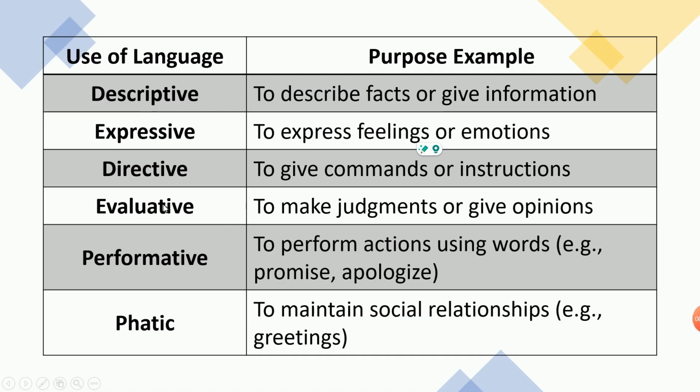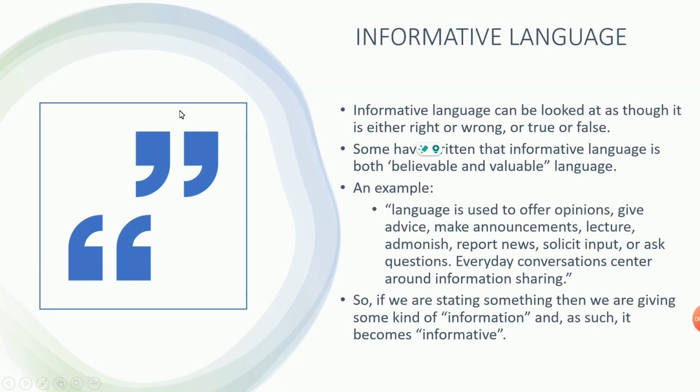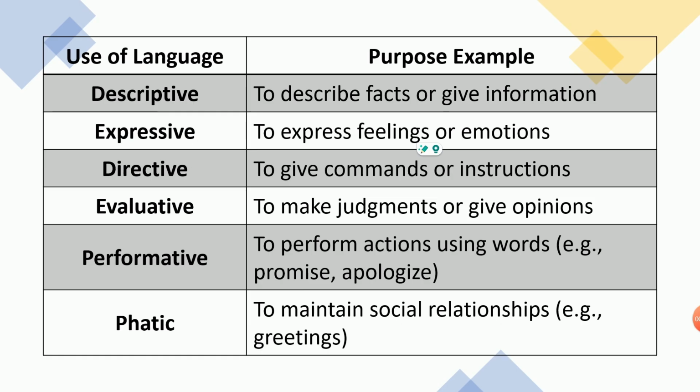Now the other three languages. See here. First one, descriptive. We have seen informative, and the other name is descriptive, where we describe facts or give information. Next is expressive, to express feelings or emotions. Next is directive, to give commands or instructions. As for the evaluative, to make judgments or give opinions.